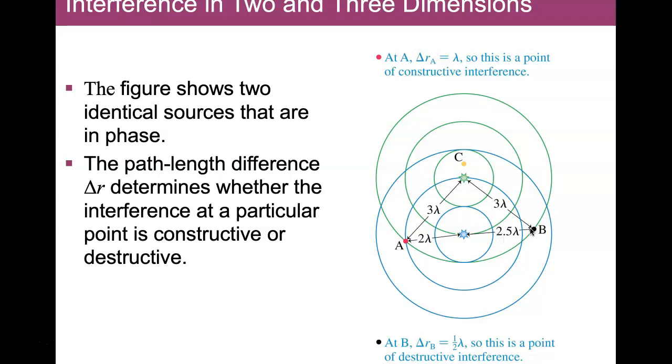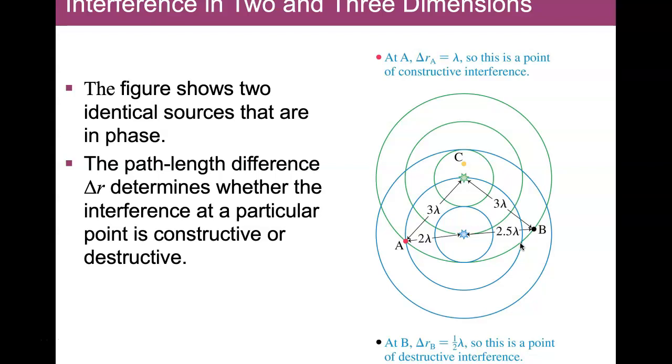Point B is a distance 3 lambda from the green source, 2.5 lambda, right? It's between 2 and 3. So now the difference is half a lambda. Half a lambda divided by lambda times 2 pi gives pi, right? It's a phase difference of pi. So basically any lambda doesn't change the phase difference.